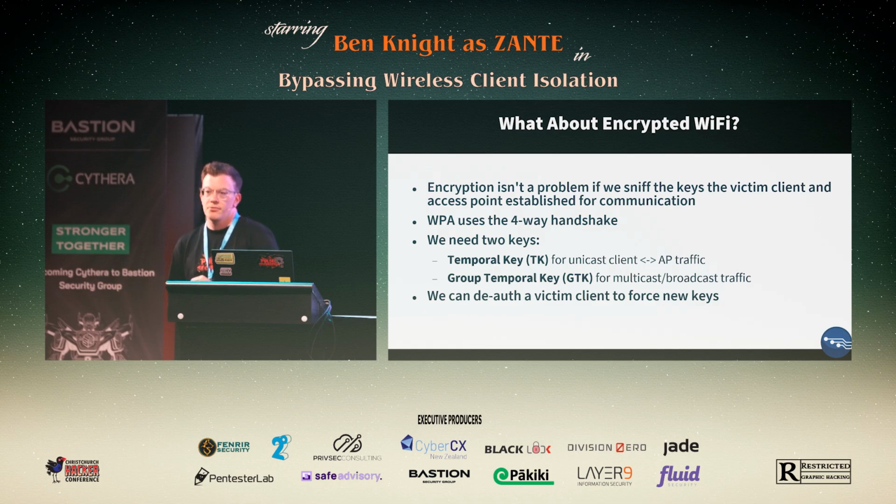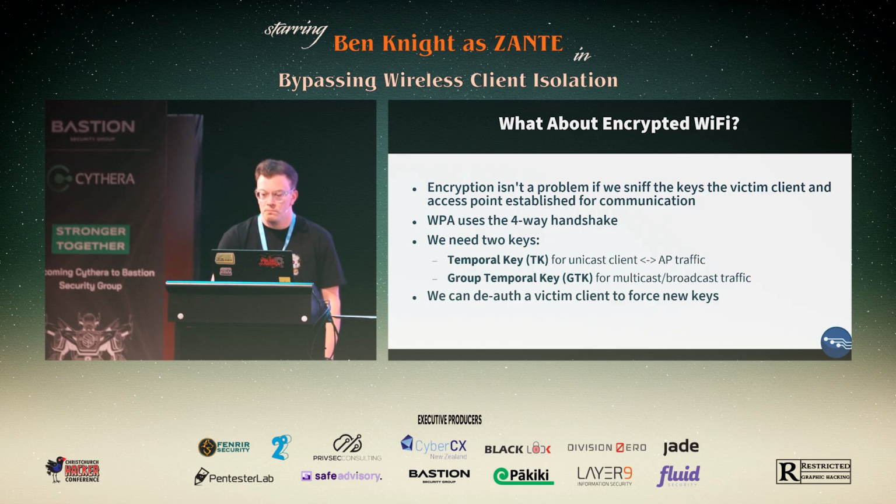And then there's the group temporal key, which is a shared key amongst everyone that connects to the network, and that is used to encrypt the broadcast and multicast traffic. So we need those two keys in order to sit on the side and encrypt and decrypt traffic directly to our victim. But with all those ingredients, the monitor mode adapter and those keys, we have everything we need on an encrypted Wi-Fi network to talk directly to another client.